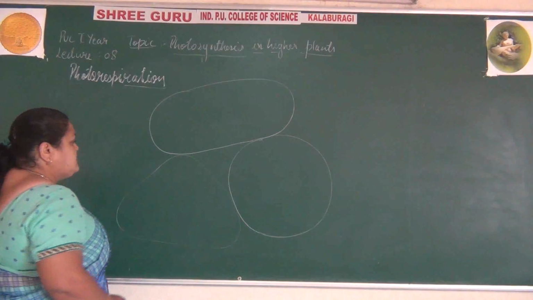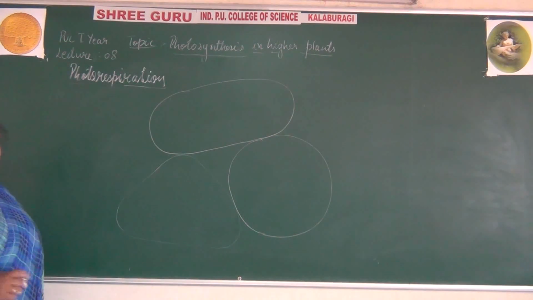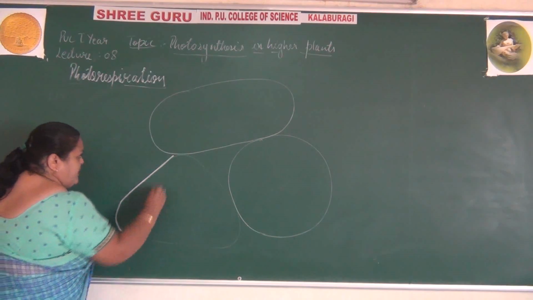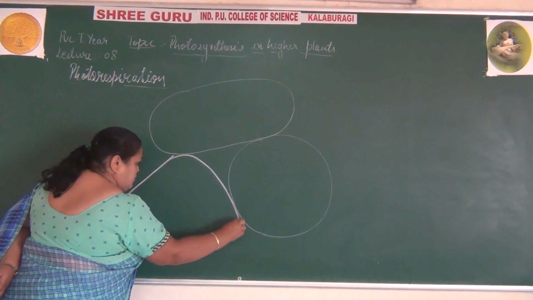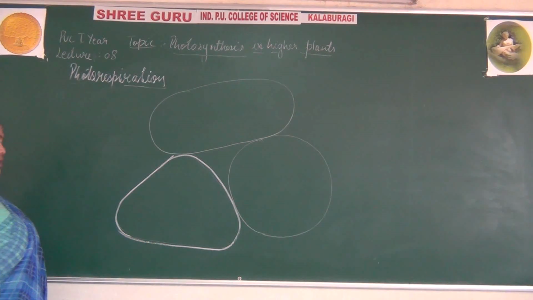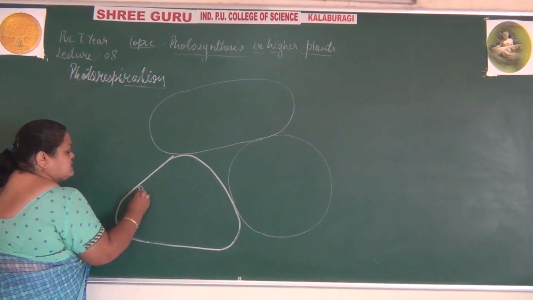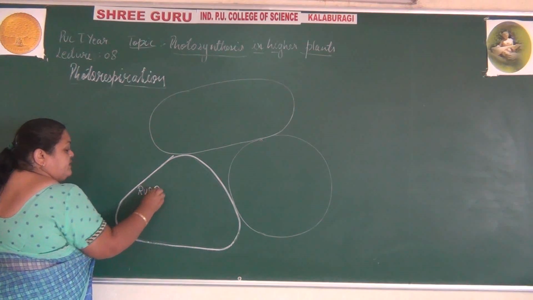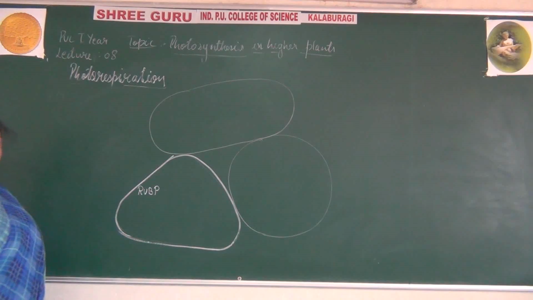So the first reaction occurs in the chloroplast. In the chloroplast, we know that ribulose bisphosphate is already present.